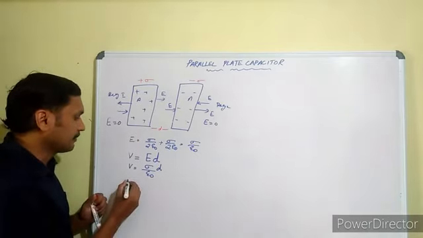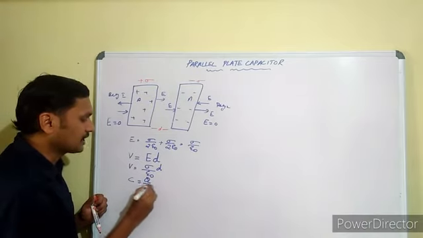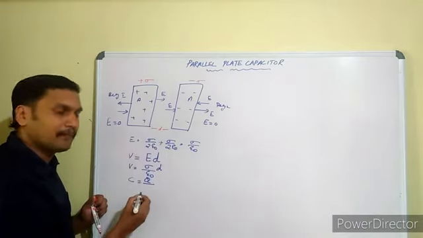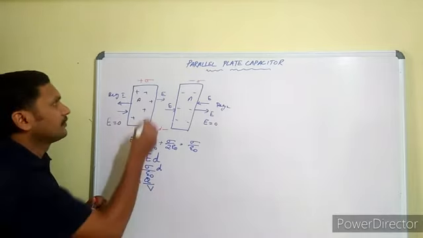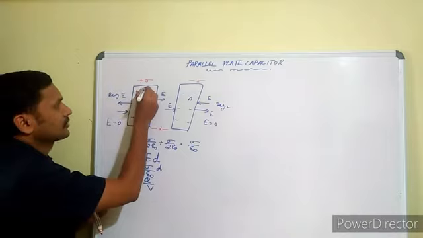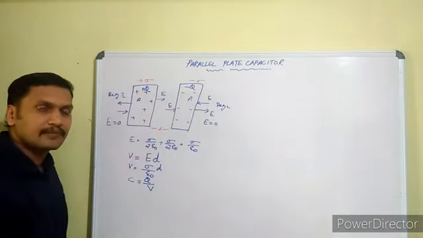The capacitance can be written as C is equal to Q by V, the charge on each plate by the potential difference between the plates. Say we have a charge of plus Q on this plate and minus Q on this plate.